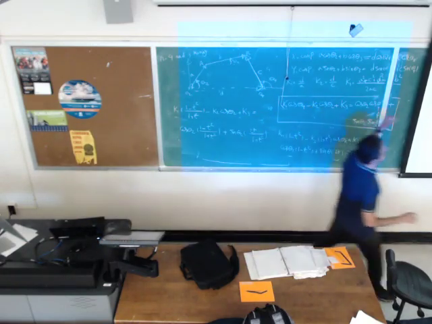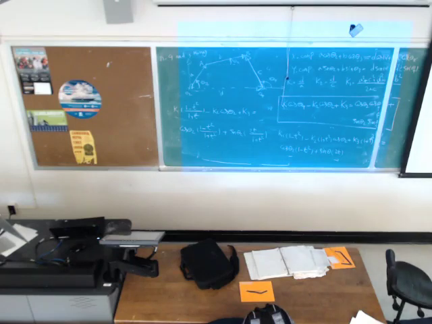I don't show the steps, but A is going to be negative k1, negative k2 cosine of theta 2, plus k3, plus cosine of theta 2. B would be negative 2 sine of theta 2, and C is going to be this.